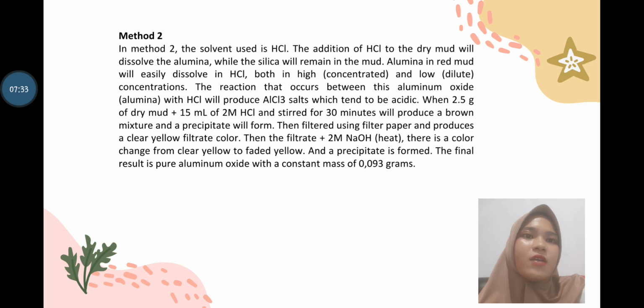Then filter using filter paper to produce a clear yellow filtrate. Then the filtrate is heated with 2 molar NaOH, there is a color change from clear yellow to faded yellow, and a precipitate is formed. The final result is pure aluminium oxide with a constant mass of 0.093 grams.